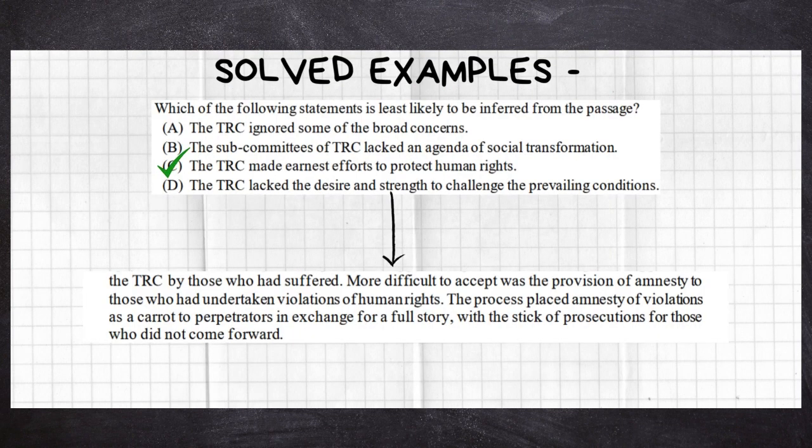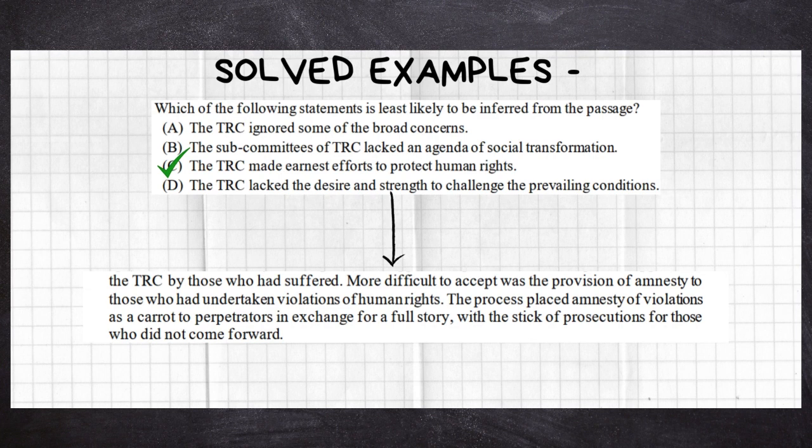Again, the question has been framed slightly differently. However, in essence, it is the same. You are asked to determine the option the author is most likely to disagree with. In this problem, the third option is the correct option. The passage clearly mentions that the TRC provided amnesty to the violators of human rights.